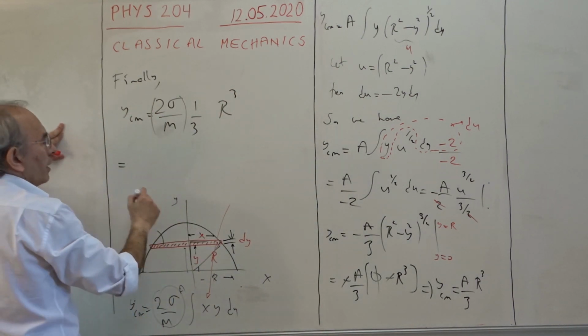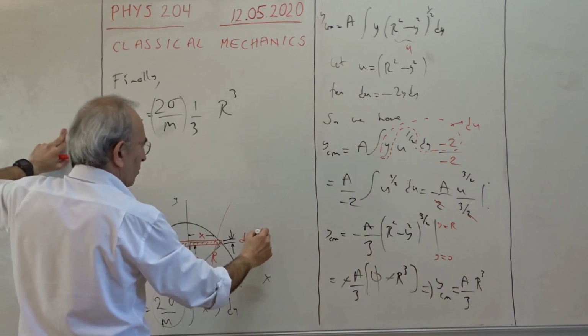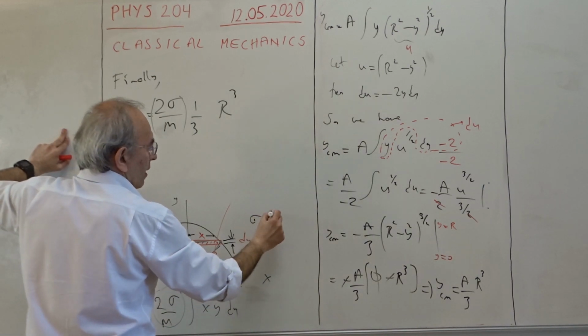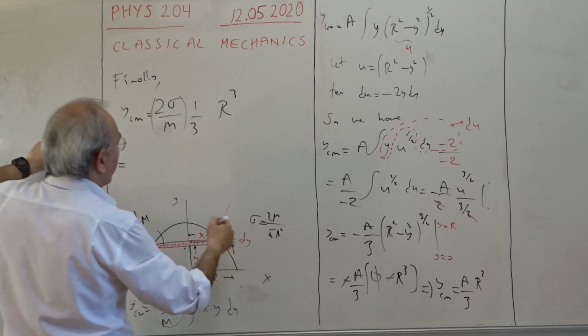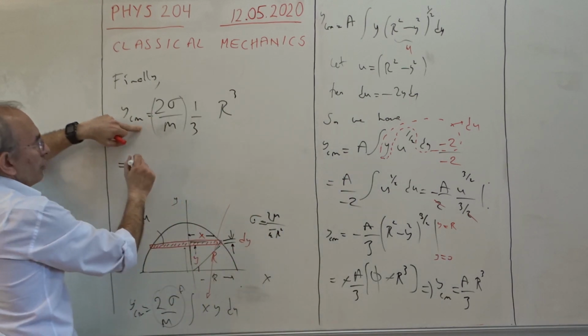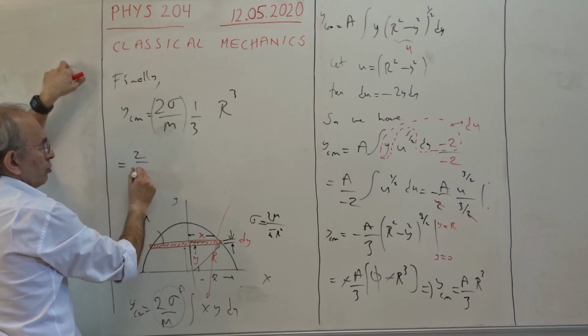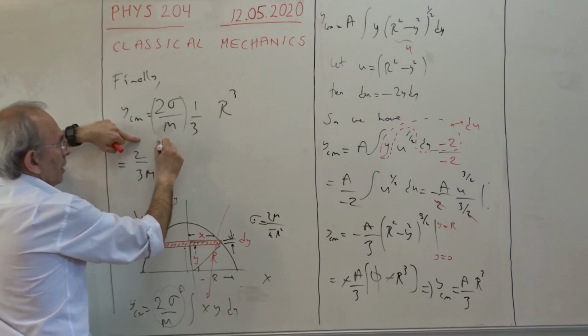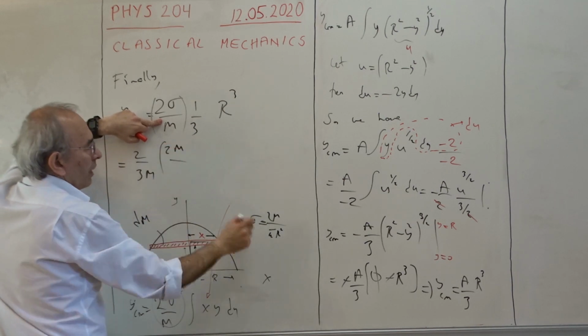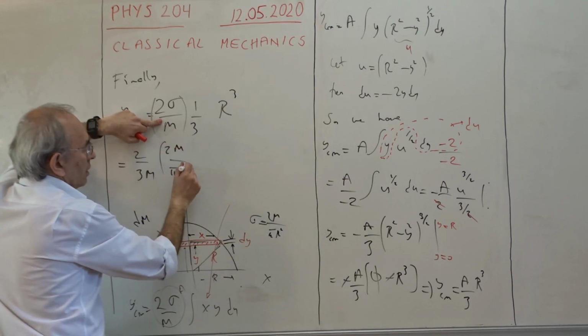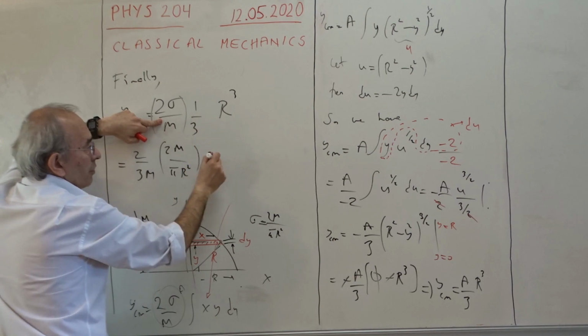Sigma was the ratio, remember, mass over pi r squared over 2. So 2m over pi r squared. So let's substitute that. 2/3, m is here. Sigma, what is sigma? 2m over pi r squared, multiplied by the remaining r cubed.